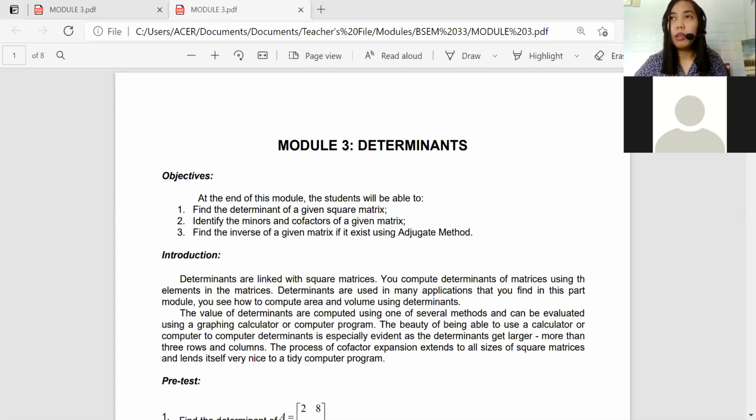Minus the product also ng pataas naman. So that is cofactor expansion. So we have 2 ways to determine the determinant. One of them is cofactor expansion. Or if you want, you choose any row or column, just to find the determinant.